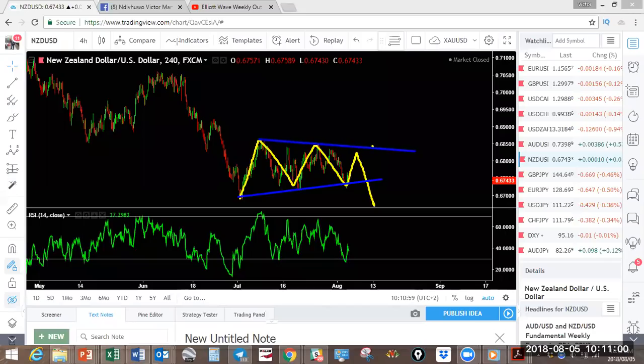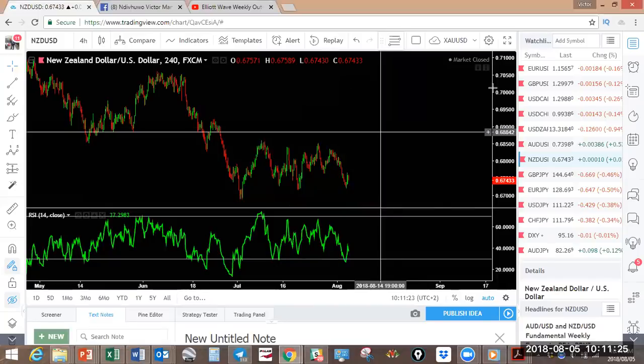Okay, so understand that the triangle and the diagonal are two different things. This is a clear triangle, goes sideways. The triangle has got 5 waves and it goes sideways. The diagonal is a motive wave. Okay, so this is what you're going to be looking at: A, B, C, D, E. See how this goes before we drop.